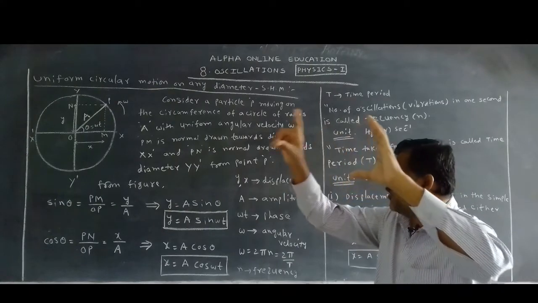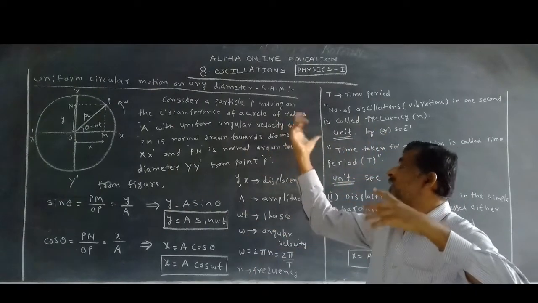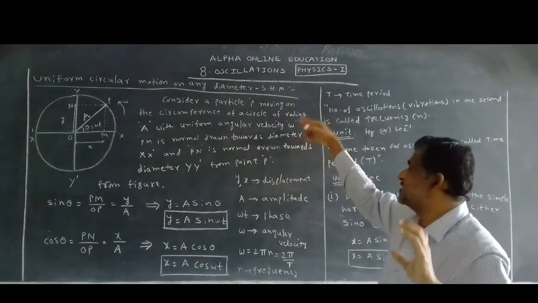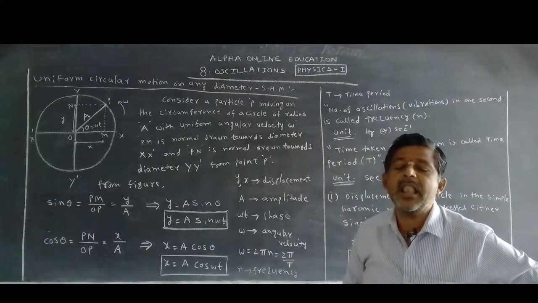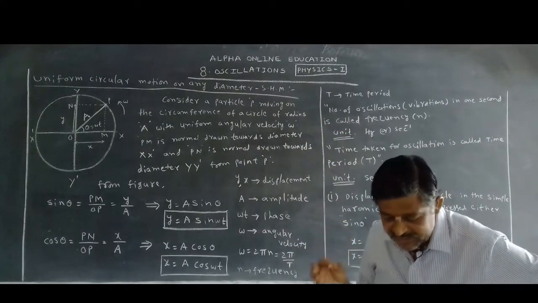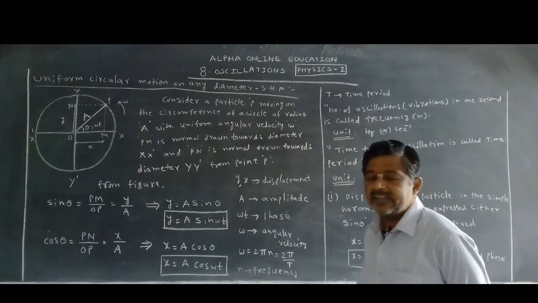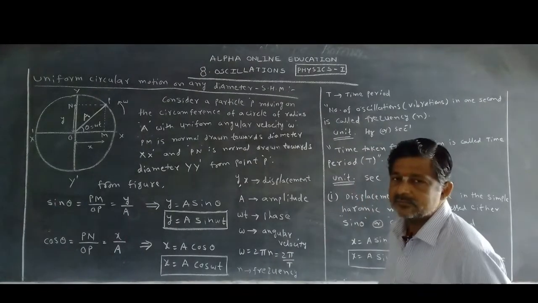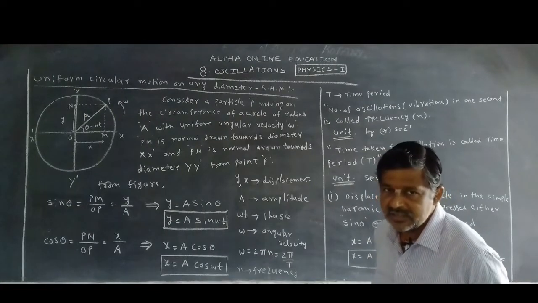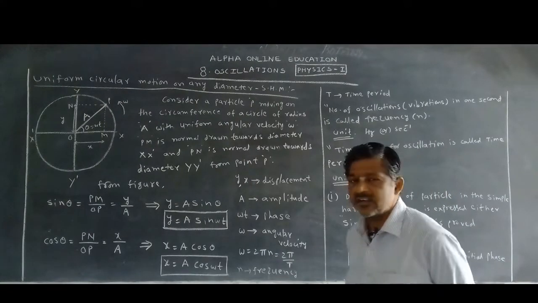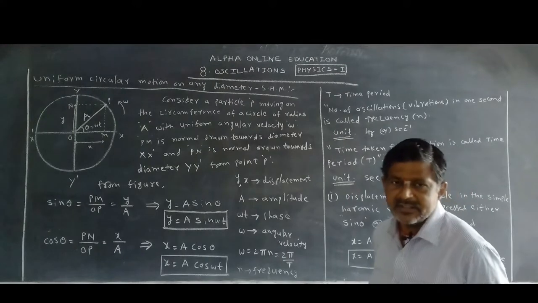The uniform circular motion on any diameter is SHM, simple harmonic motion. Now we want to show that when a particle moves along the uniform circular motion, its projection on any diameter lies in simple harmonic motion.